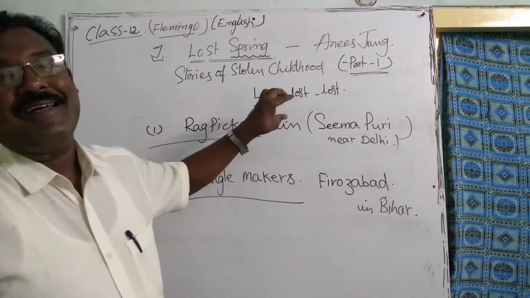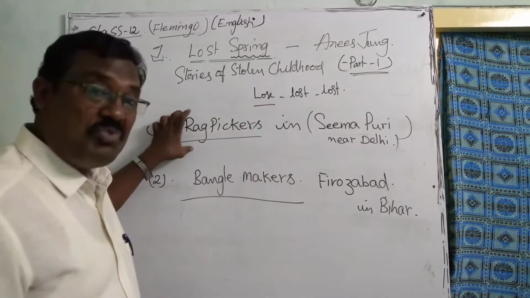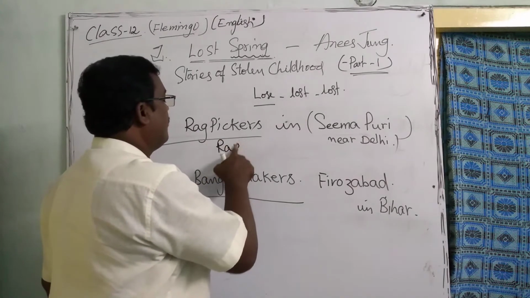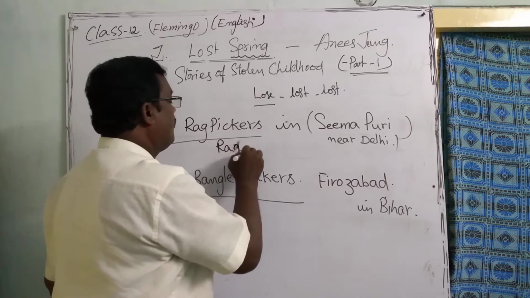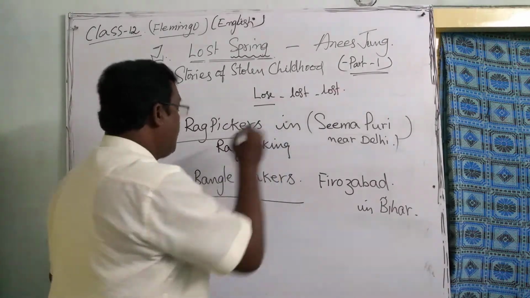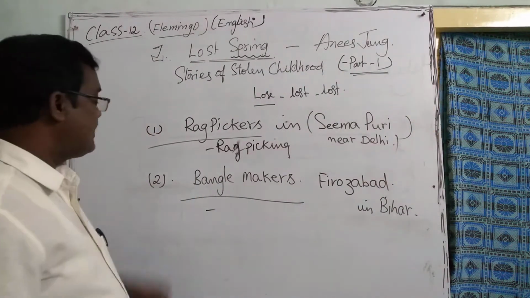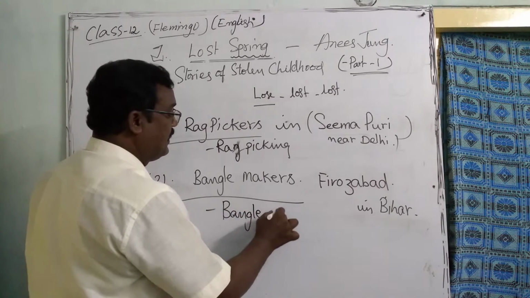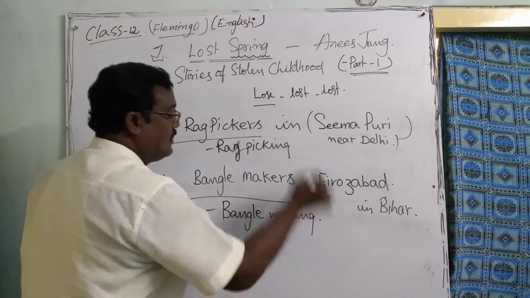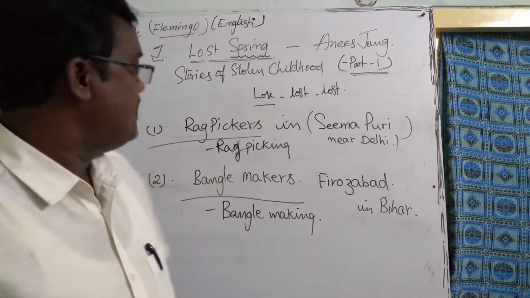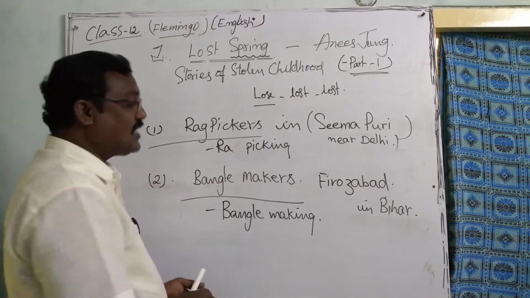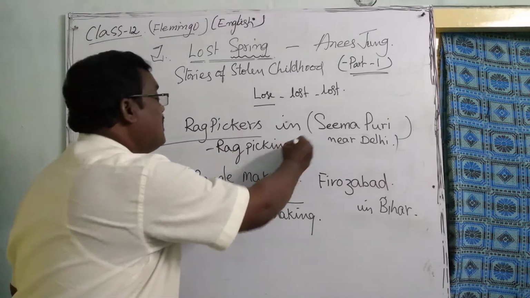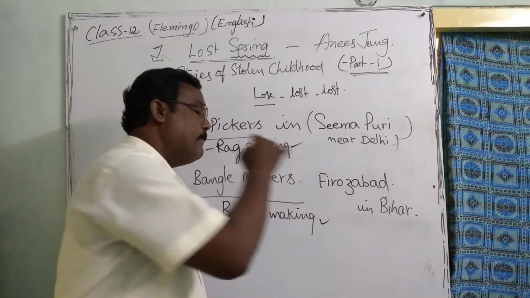Half of the lesson deals with the children engaged in the process of rag picking, and the other half deals with the children involved in bangle making. So, my dear children, what are the difficulties faced by these two types of children in the process of doing their profession? One is rag picking and another one is bangle making.